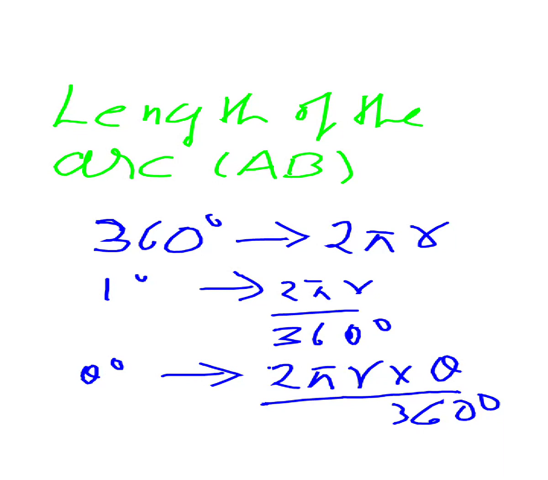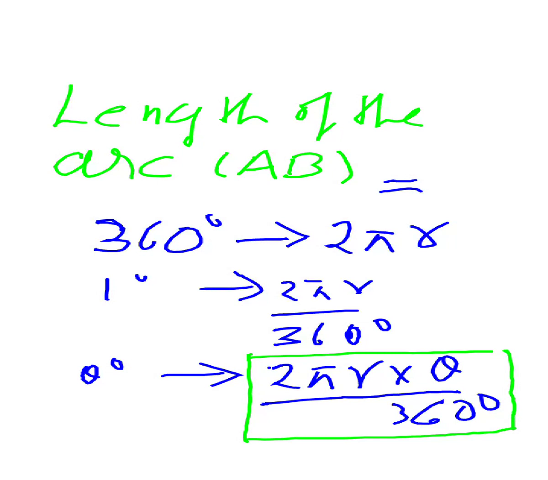The length of the arc AB you can find out this way. Whatever the angle is given, the same thing applies here also, so you can maybe use it directly, but you should know the proof also. It's a very simple proof. Getting it?